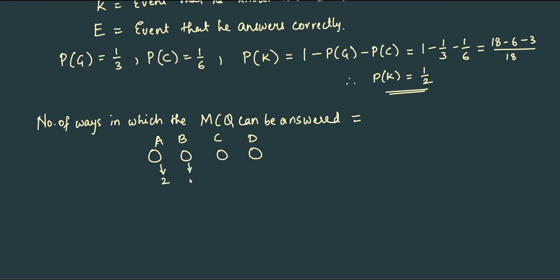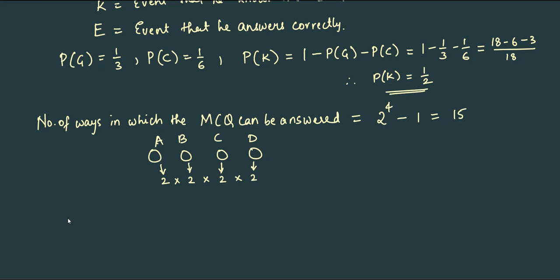He may select option B or not select option B in 2 ways. He may select option C or not in 2 ways. Option D or not choose option D in 2 ways. So the total number is 2 raised to the power 4. However, there will be one combination in which he has neither selected A nor B nor C nor D, but that we are omitting. So we have to separate that out. So this is 2^4 minus 1, that is 15 ways one can answer this question.